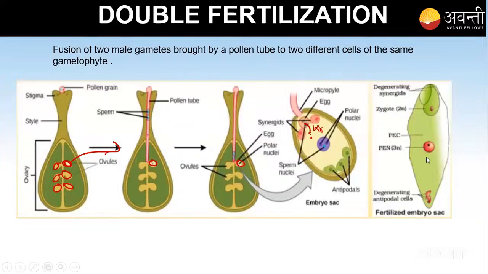The central cell forms the primary endosperm nucleus, PEN, and the nucleus fused with the egg forms the zygote. The zygote will form the future embryo, and the PEN will form the endosperm.